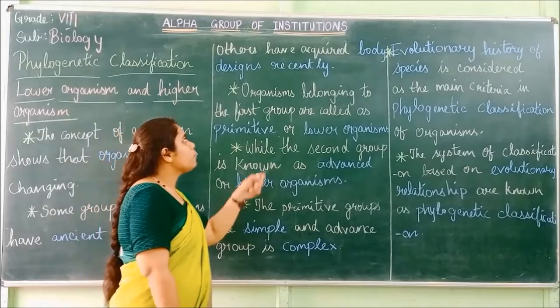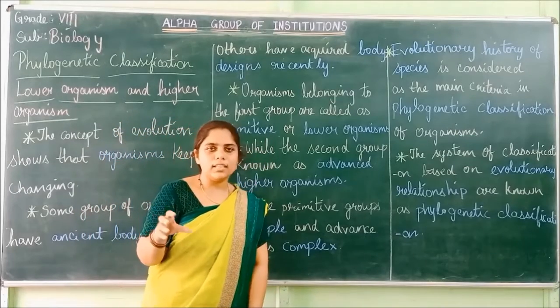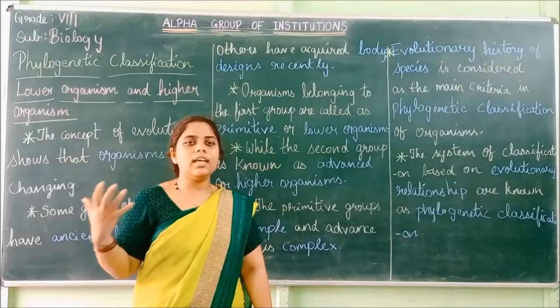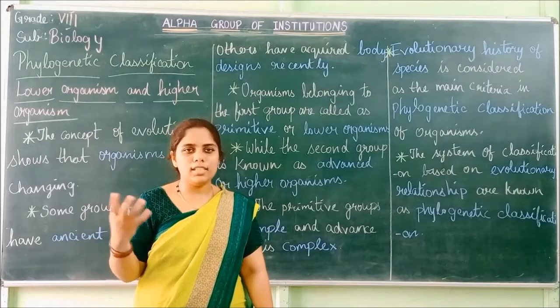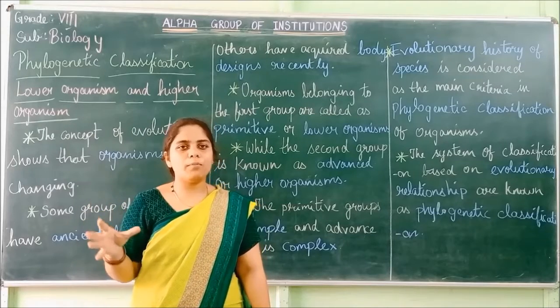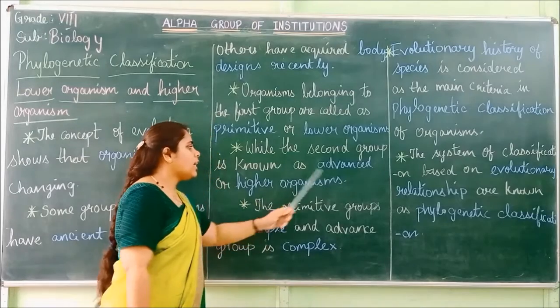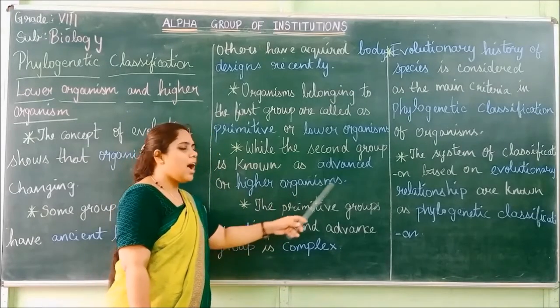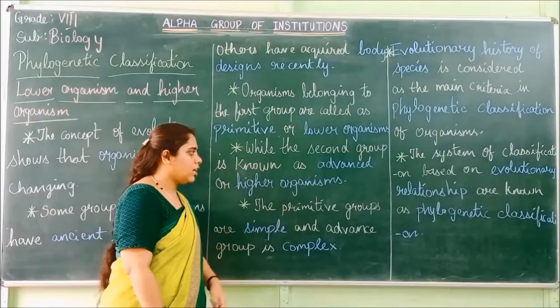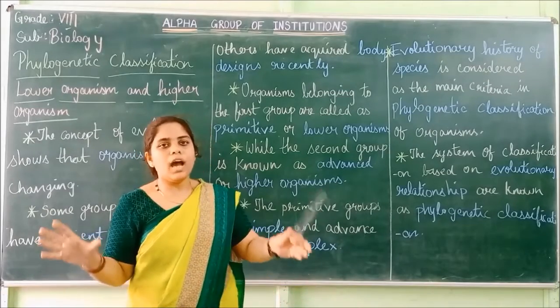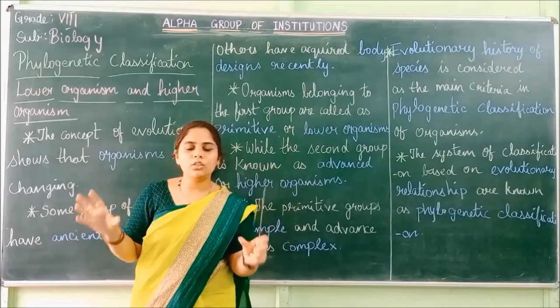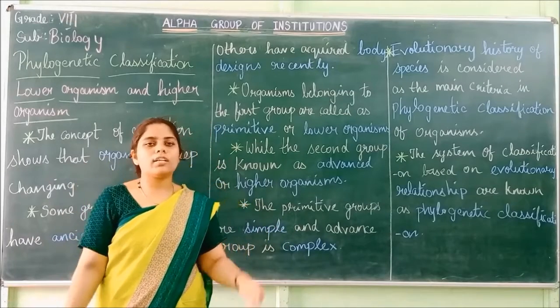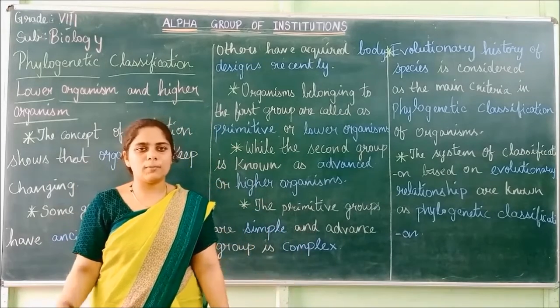The second group means the body design was recently evolved. They have been recently formed, so they are called advanced or higher organisms. From this you know how organisms have been grouped as lower organisms and higher organisms.